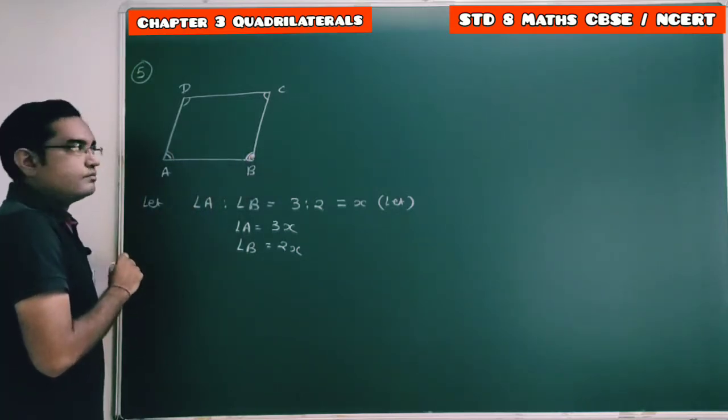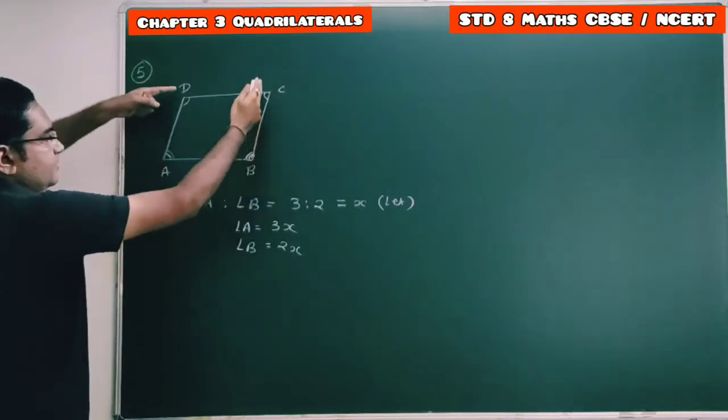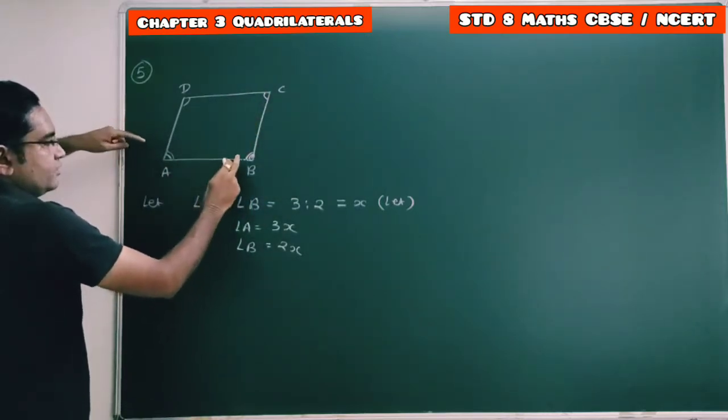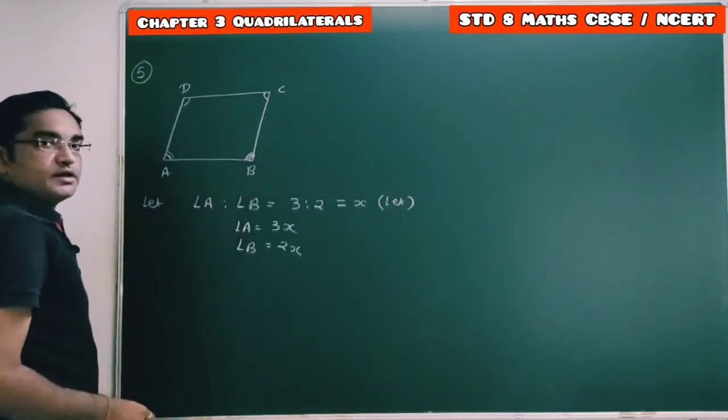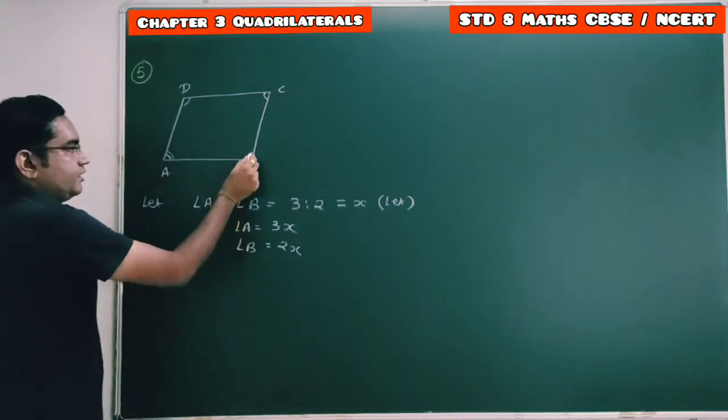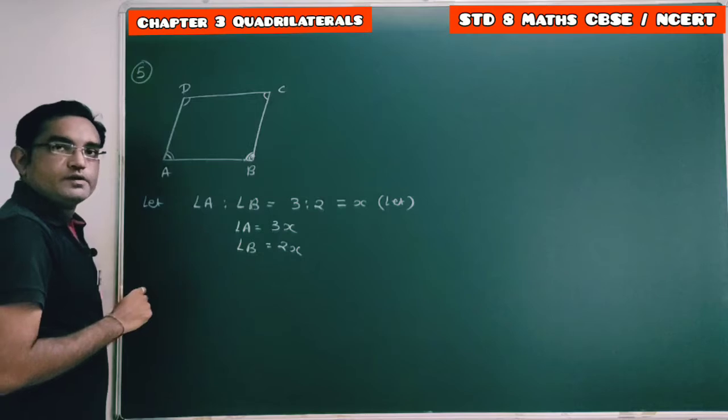These two angles are supplementary angles. Because AD is parallel to BC and AB is the transversal, angle A and angle B can be considered as interior angles on the same side of the transversal, and interior angles on the same side of the transversal are always supplementary.